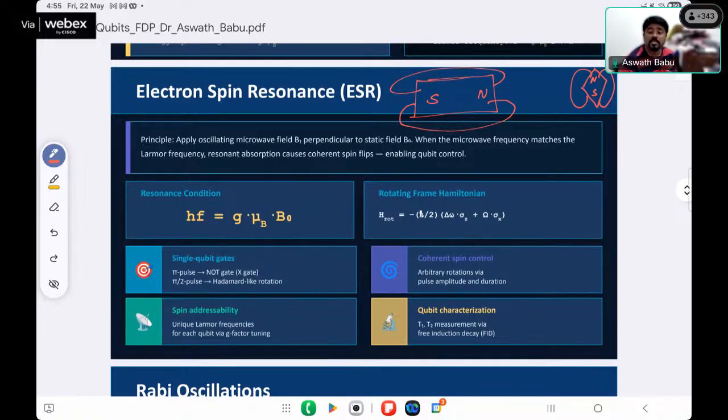It changes its orientation. If the compass is initially in this direction, north and south, once you bring the huge magnet towards it, you know what happens? It repels the north pole. So alignment takes place, and it gets aligned like this.